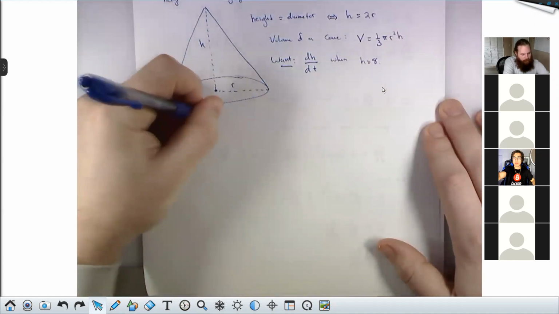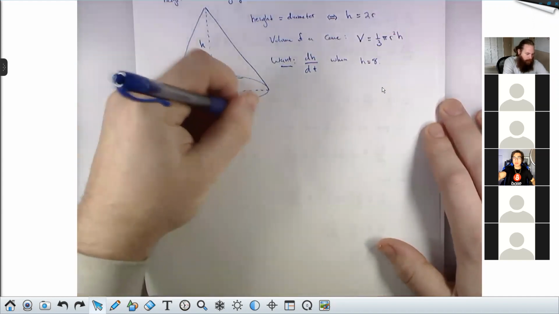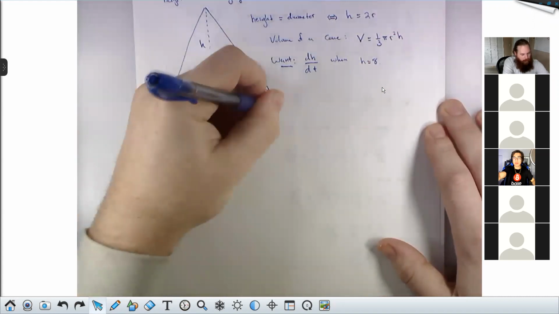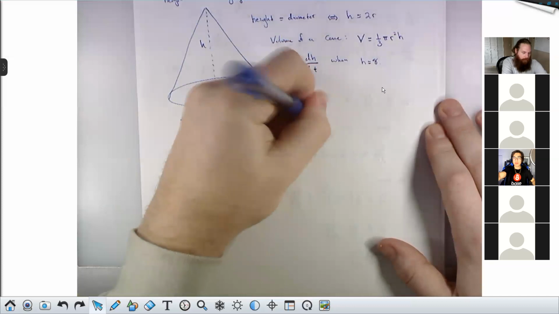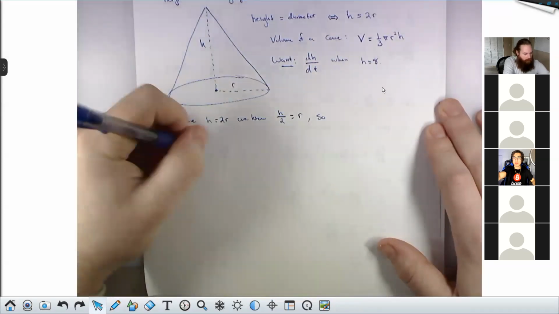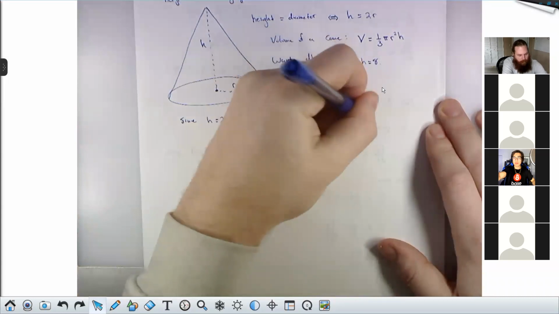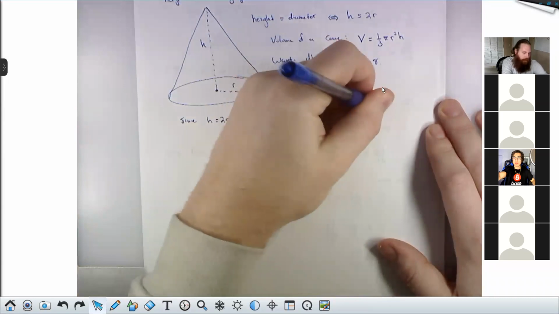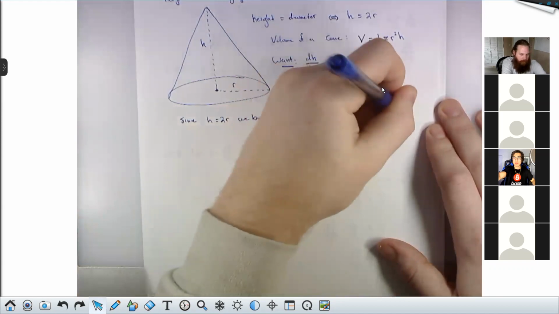Since h equals 2r, we know h over 2 is equal to r. So V, my volume, is really 1/3 pi times h over 2 squared times h.